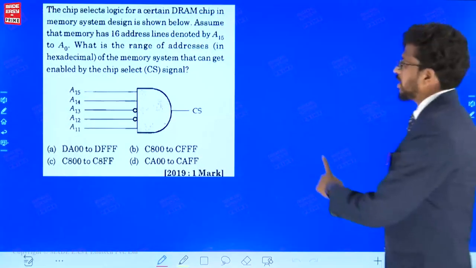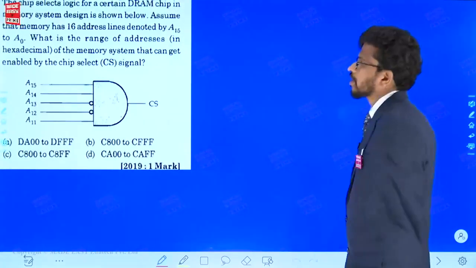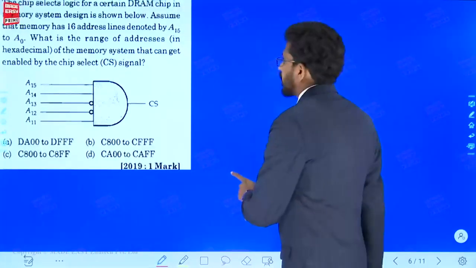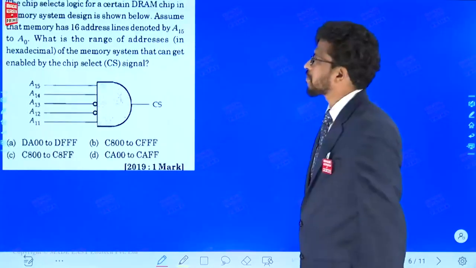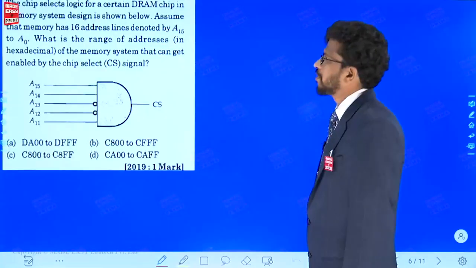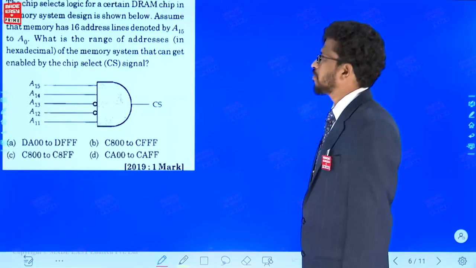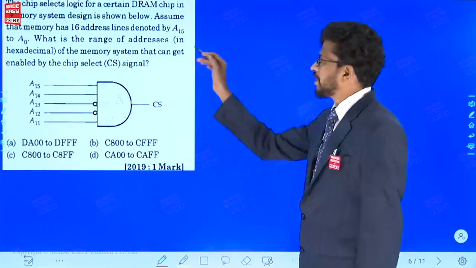Next, this is one interfacing question. You can just take the numbers, I am not writing the numbers of questions, you just write the numbers. The chip select logic for a certain DRAM chip in memory system design is shown below. Assume that memory has 16 address lines denoted by A15 to A0.